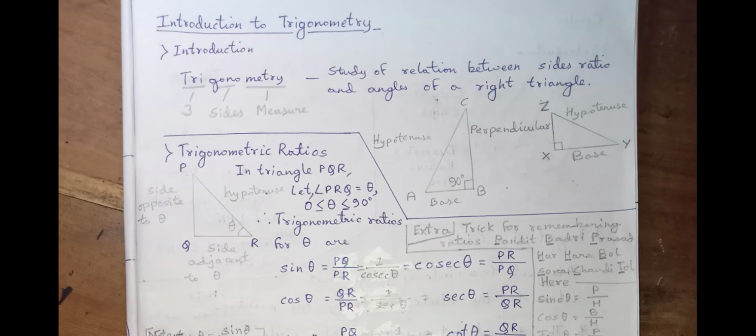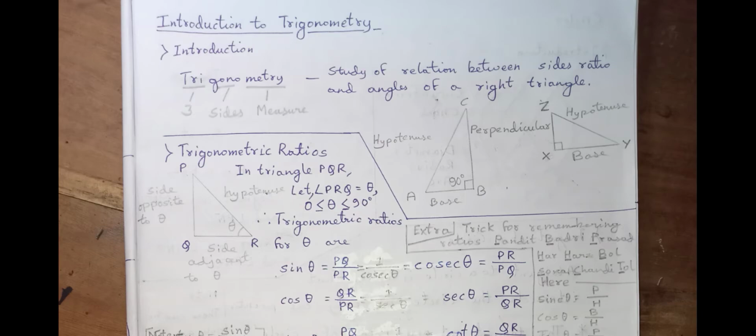Trigonometric ratios. Earlier you saw the statement that it was a relation between ratios and angles. So what are the ratios? Let's check out. In triangle PQR, I have taken triangle PQR as an example. There you can see I have taken the angle R as theta.